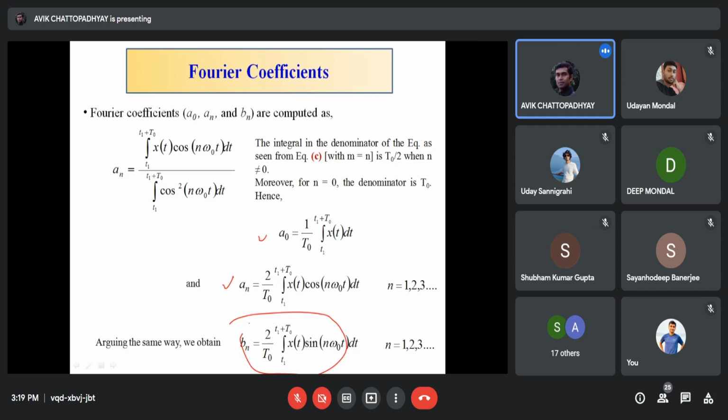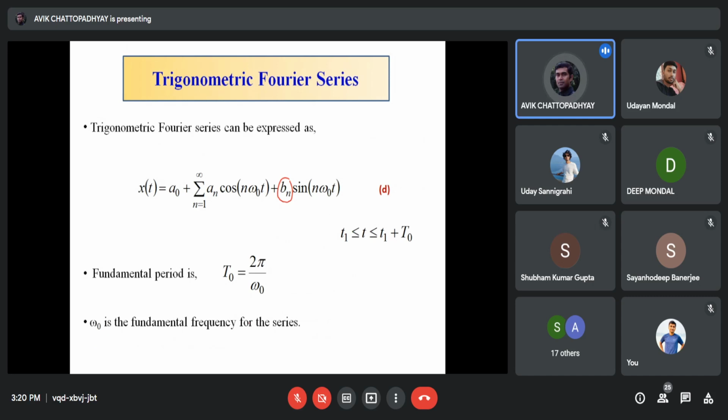If you exploit this property, your task will become easier and the calculation much simpler. So for any even periodic function, when you are trying to find its Fourier coefficients, you can blindly say that all the sine terms will not be there, so all the bn's are 0.